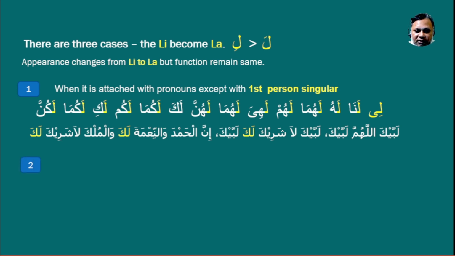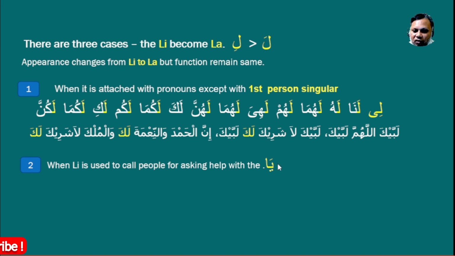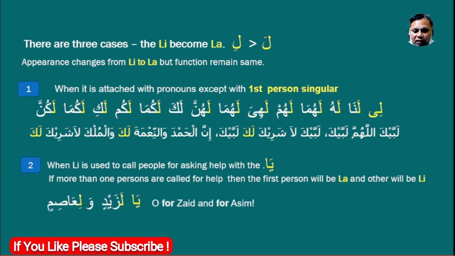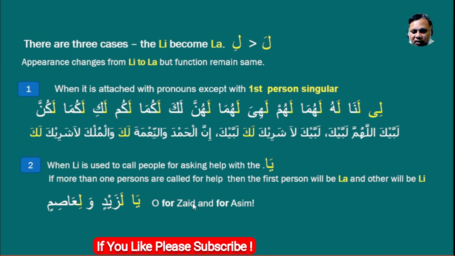The second case is when the li is used with ya to call people to get help. One person can call more than two people to get help, like this. Someone is calling, "Oh Zahid and oh Asim, please come to help me." "Oh" for Zahid and "oh" for Asim.